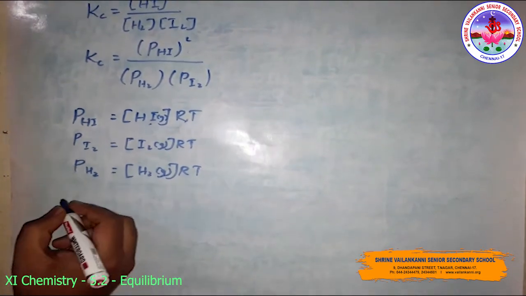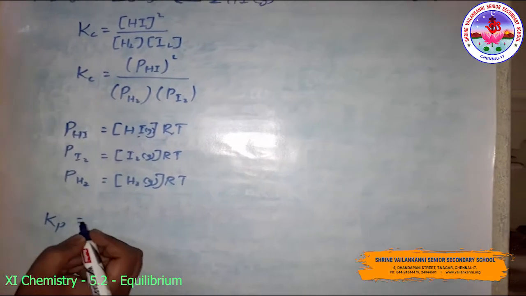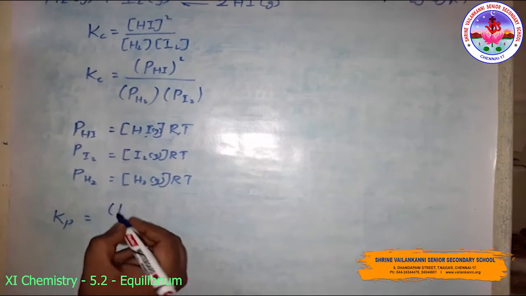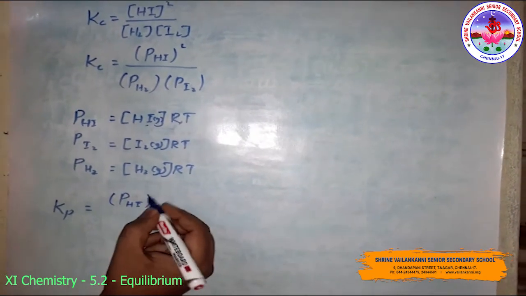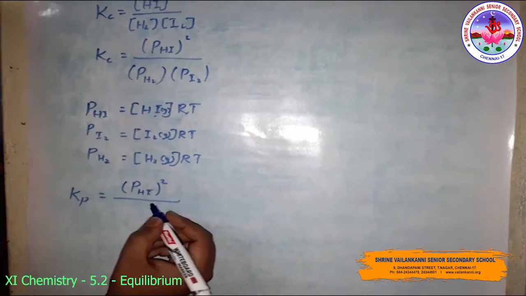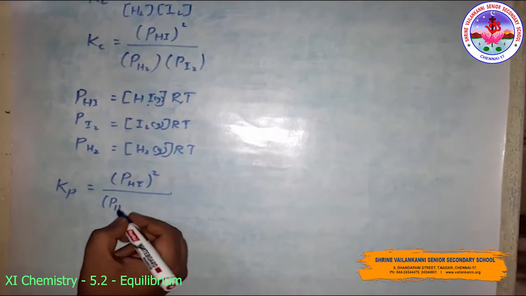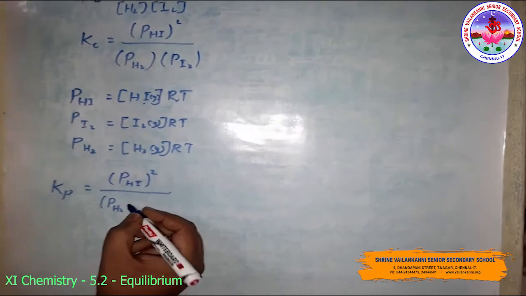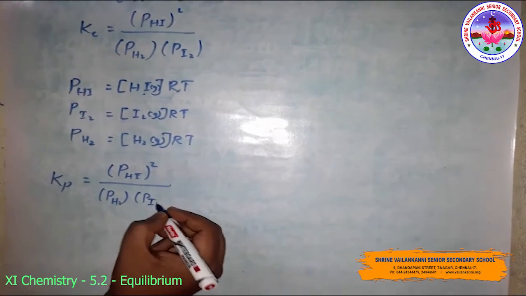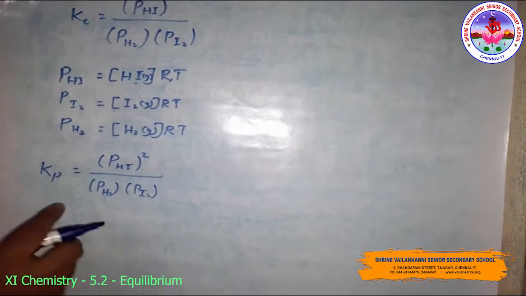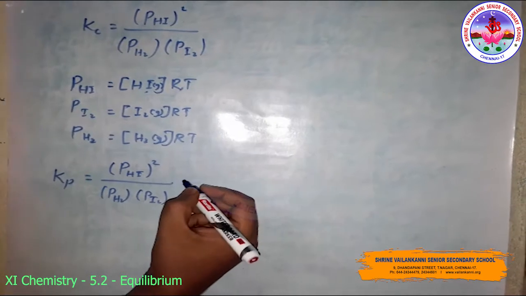So Kp is equal to the partial pressure of HI squared, divided by the partial pressure of hydrogen times the pressure of iodine. Here we can apply these values in this equation.